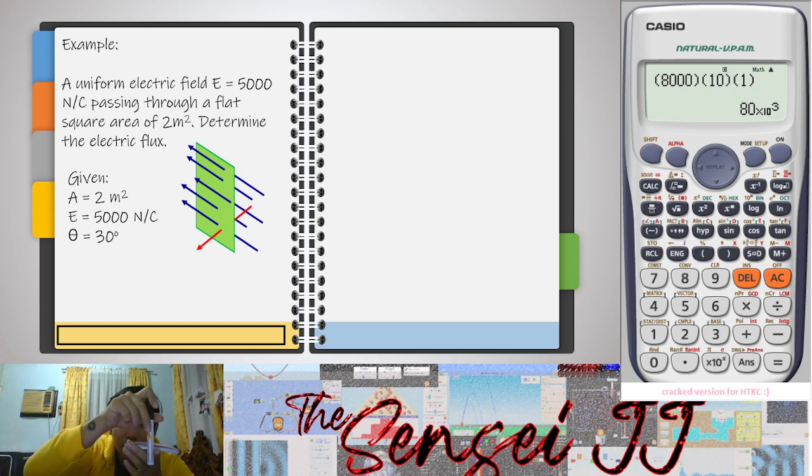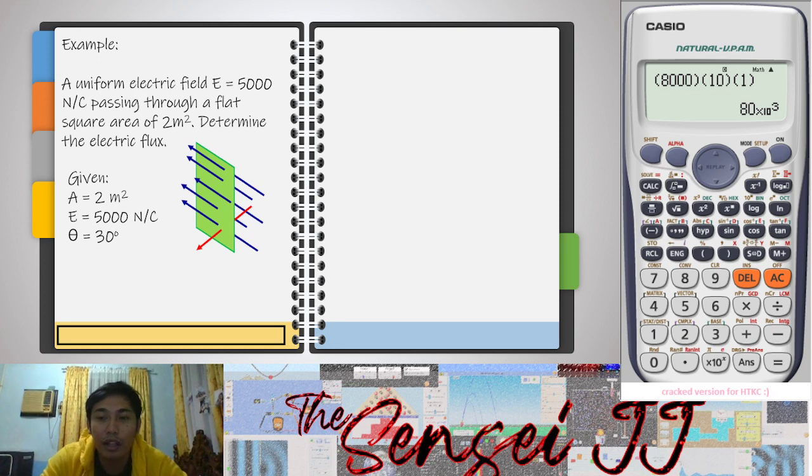So ngayon dito, yung horizontal natin dito is, ito yung 30 degrees natin.